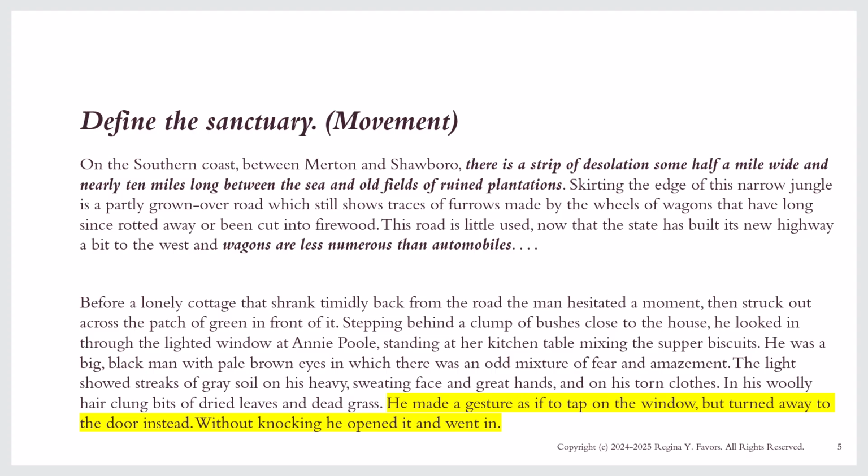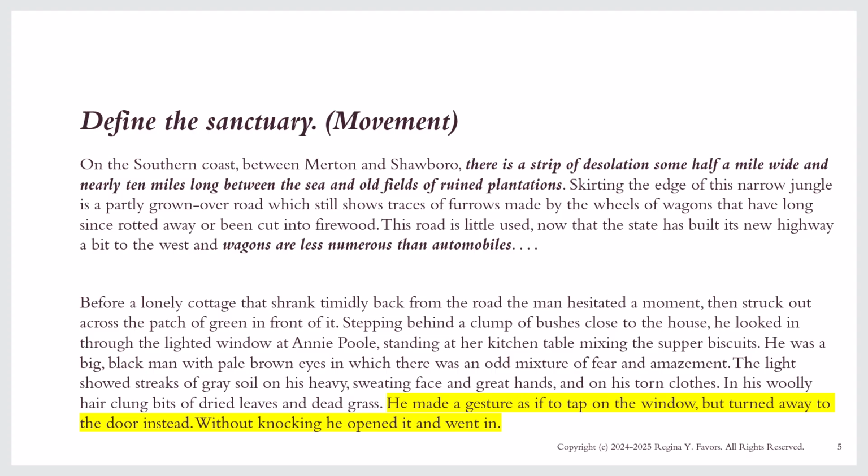This road is little used now that the state has built its new highway a bit to the west and wagons are less numerous than automobiles. Before a lonely cottage that shrank timidly back from the road, the man hesitated a moment, then struck out across the patch of green in front of it.